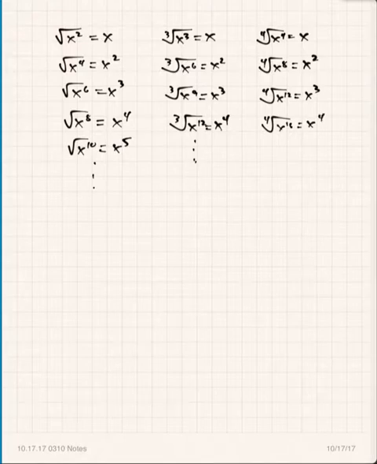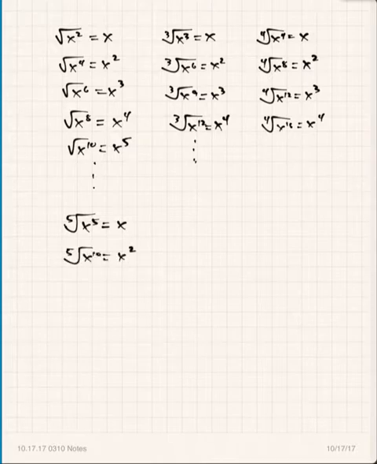Fifth roots would be the same. We divide the power by 5 in this case. So the fifth root of x to the 5th would be x. Fifth root of x to the 10th would be x squared. Divide the power by 5. So what are you always doing? You're always dividing the power by whatever the index is to evaluate the radical.